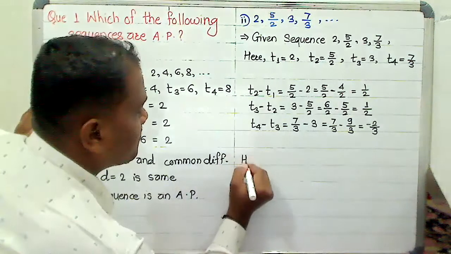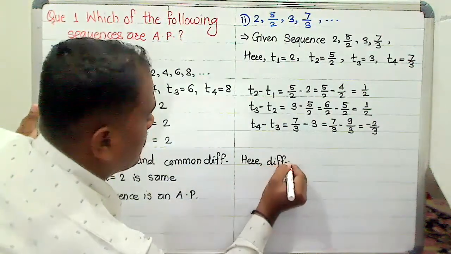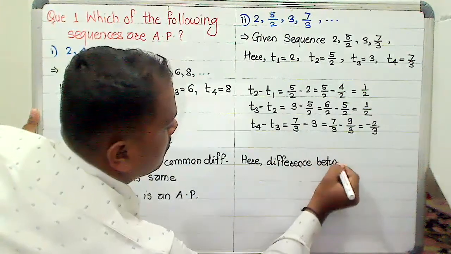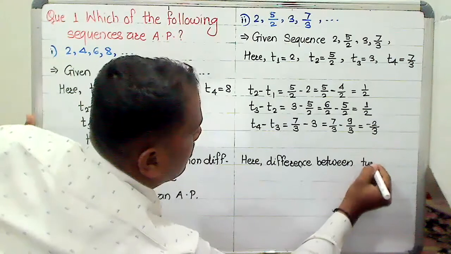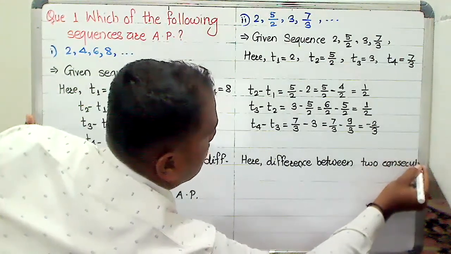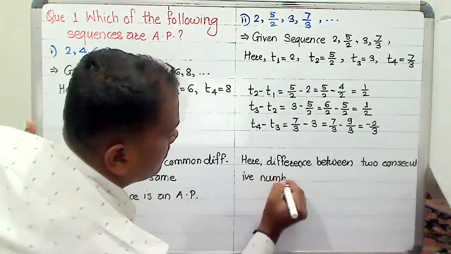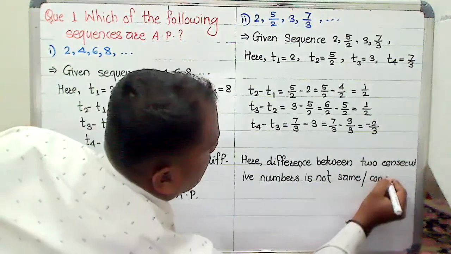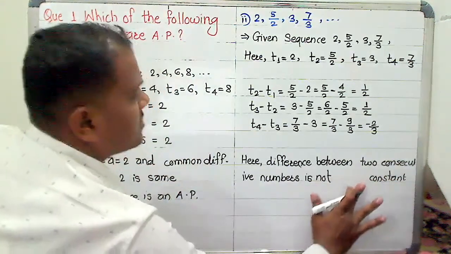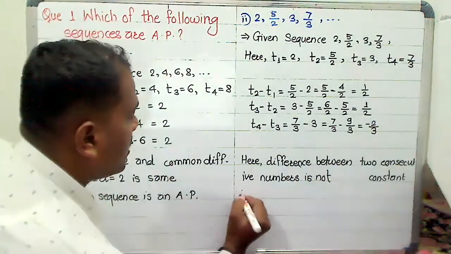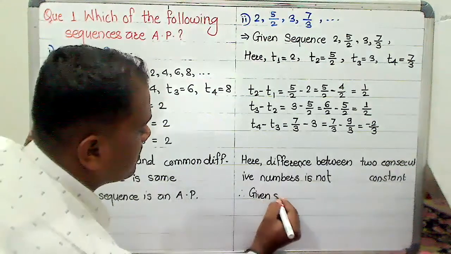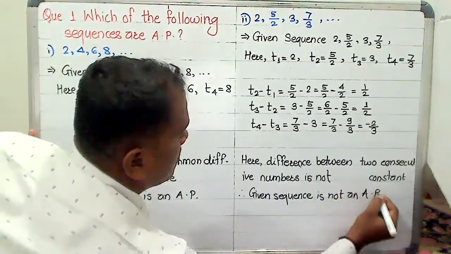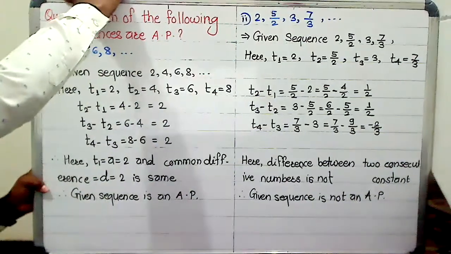The difference between two consecutive numbers is not constant. Therefore, the given sequence is not an AP.